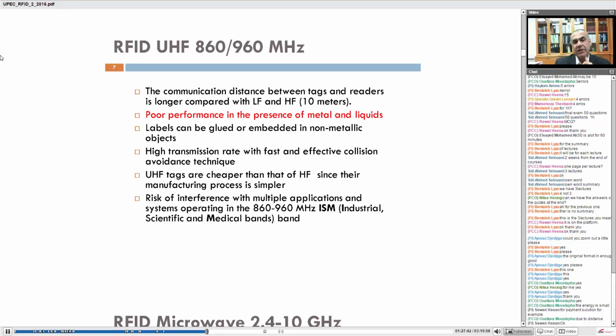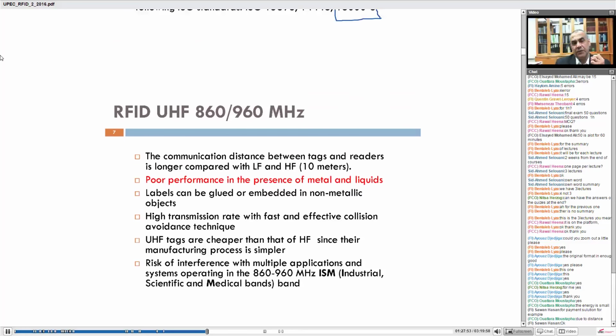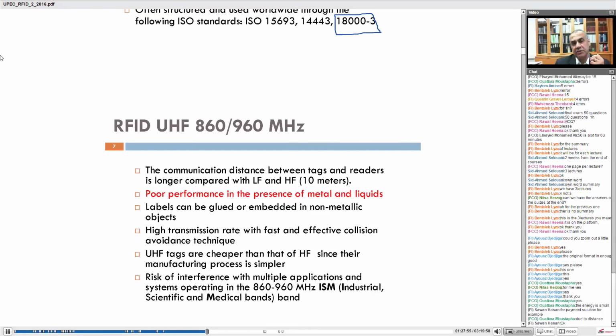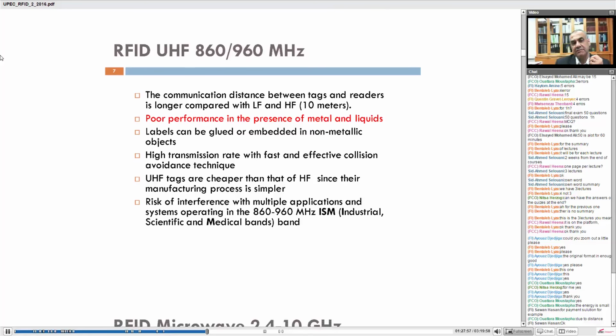Okay, let's progress. The UHF, the most widely used technology. This is the biggest amount of applications. UHF, 860 is for Europe and 960 for US and Japan and so on.